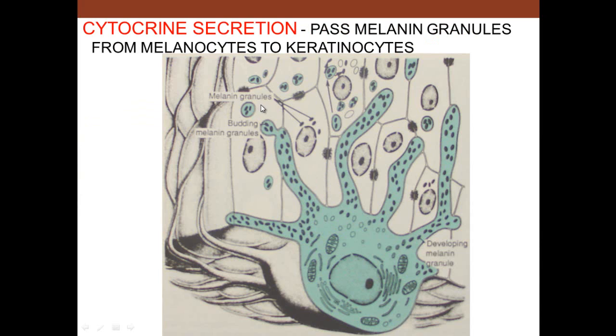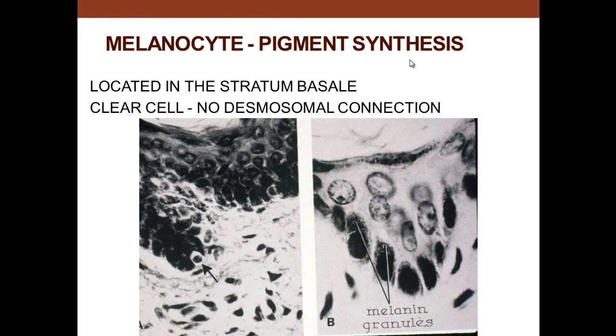Then it will be taken up by the keratinocytes, and that's a special type of secretion. We call it cytocrine secretion, where you pass granules from one cell to another cell specifically, and that's what happens with melanin granules. They're produced by one cell, but they actually are housed in the keratinocytes.